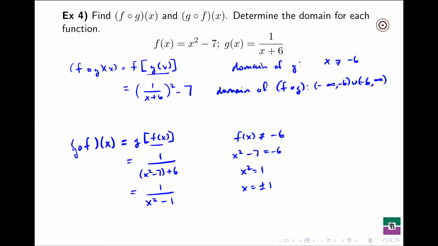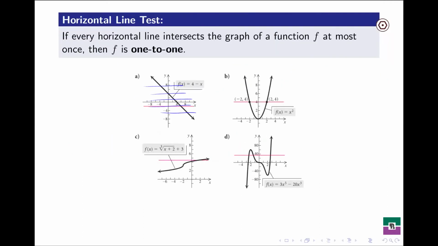The domain of this composition does not include 1 or negative 1, because while these values are able to go through f, those outputs are going to be negative 6, and g can't take a negative 6, so they're out. So in interval notation, the domain of g composed with f is negative infinity to negative 1, negative 1 to 1, and then 1 to infinity.